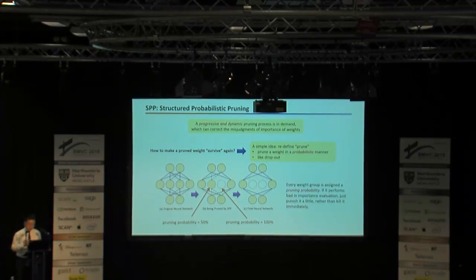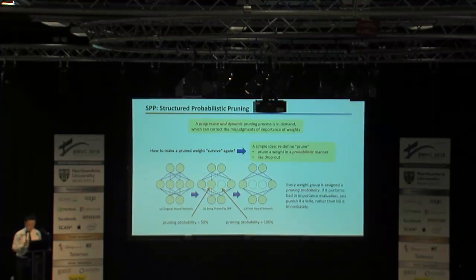So the previous pruning, which we call deterministic pruning, just prunes the weights once for all. But our pruning is probabilistic pruning, increasing or decreasing the pruning probability, and finally we get everything pruned.